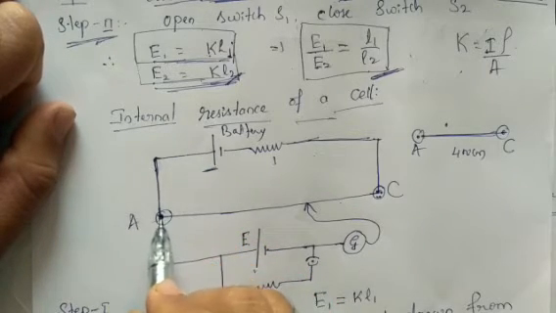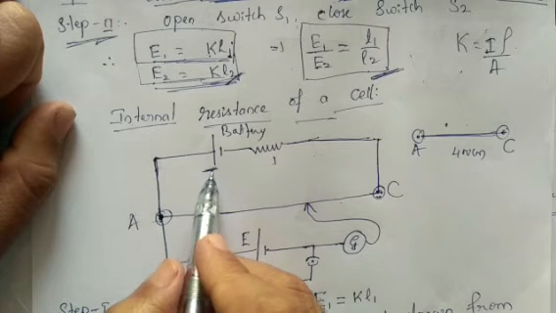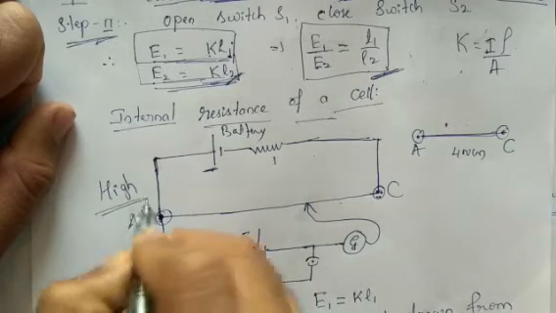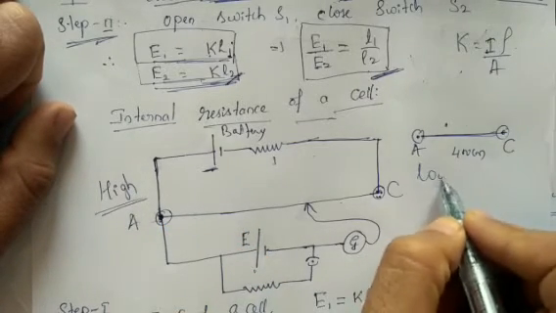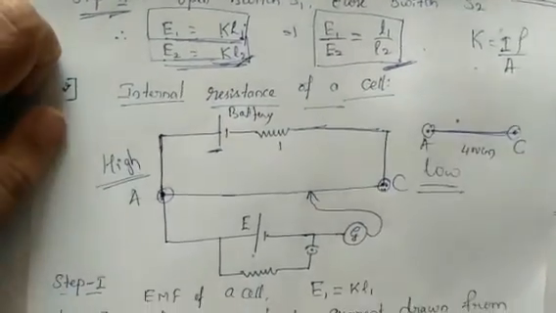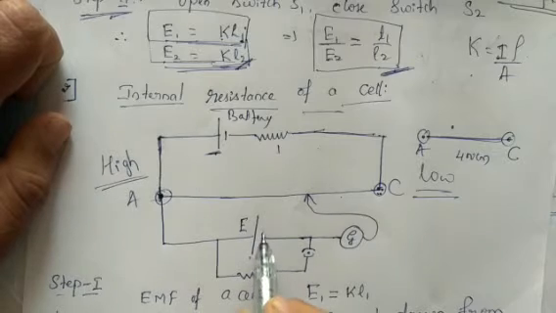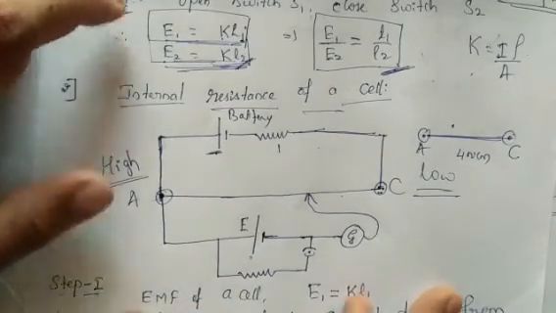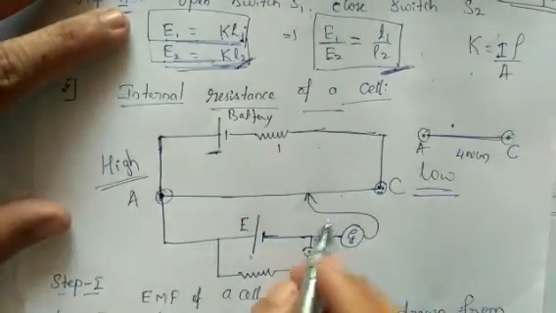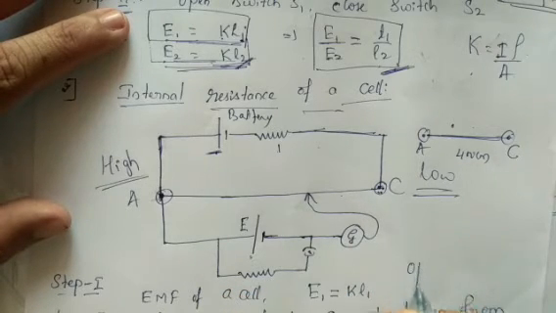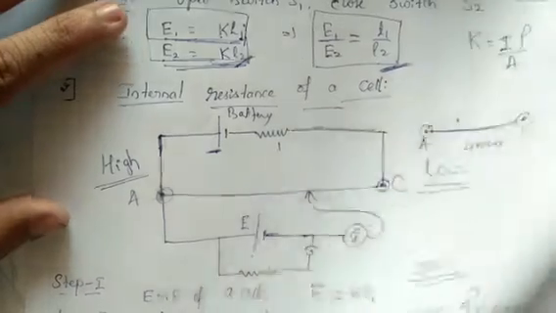Whenever terminal A is connected to the positive terminal of a battery, we observe a higher potential here, whereas towards point C we observe a lower potential. So whenever we take the EMF like this, again we follow 2 steps. In the first step, we keep this key open.